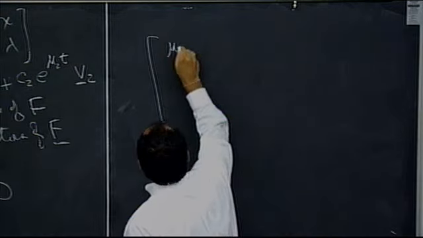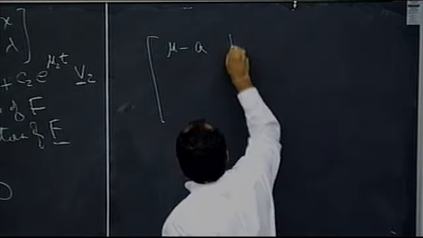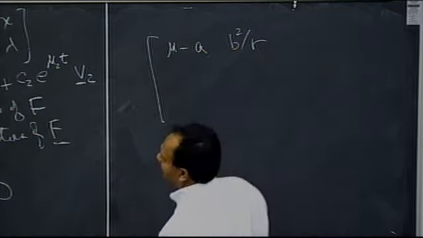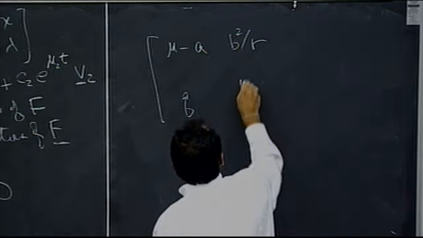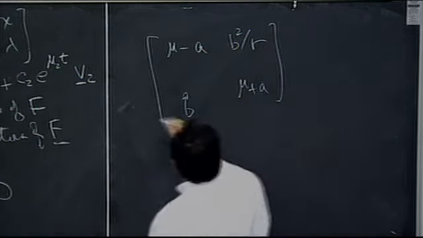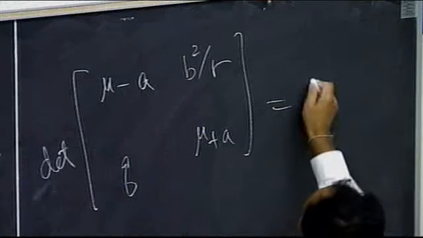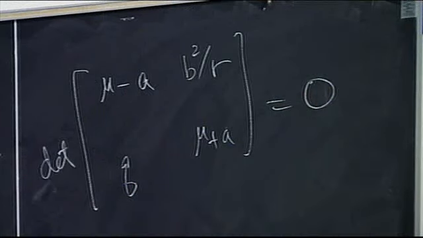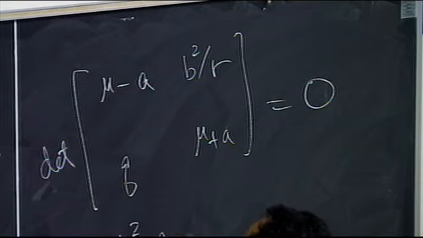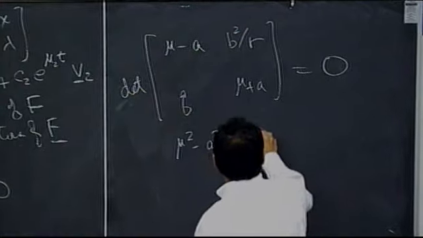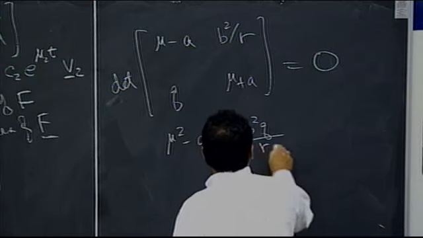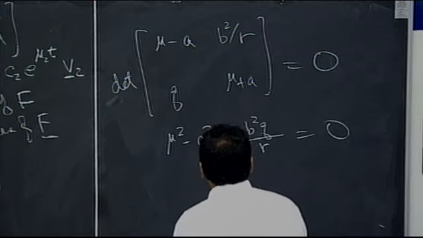I get mu minus a, b squared over r, q, and mu plus a. And I'm going to set the determinant of that equal to 0, right? So what is the determinant of this? You get mu squared minus a squared minus b squared q over r equals 0, right?